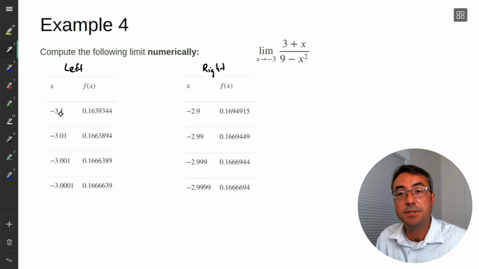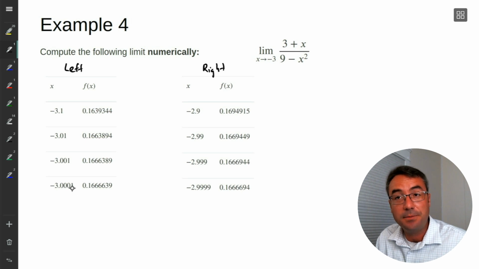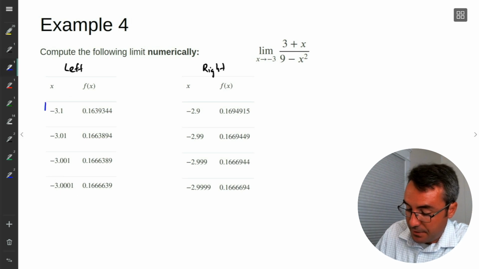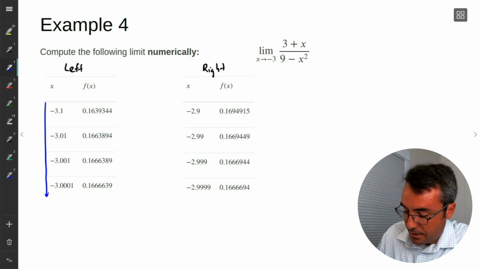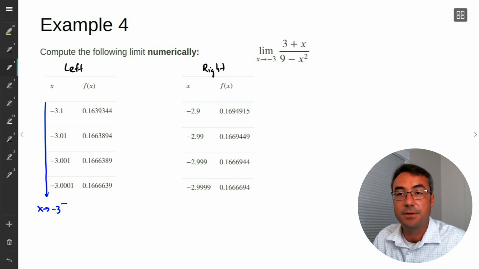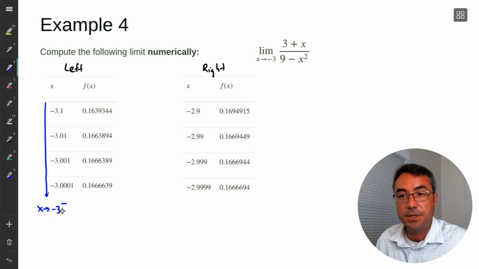It's close, but slightly smaller. Negative 3.01, negative 3.001, negative 3.0001. These are getting closer to negative 3. So as we read down this list, what's going on? Well, x is approaching negative 3 from the left. So we're getting closer and closer to negative 3, but all of these values are just slightly more negative. They're slightly smaller.